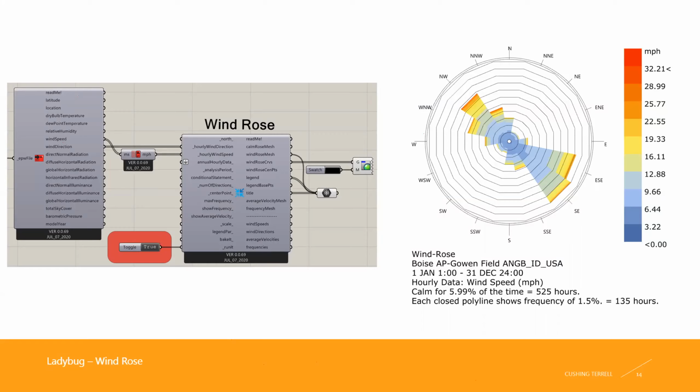So in this case, I converted the wind speed from meters per second to miles per hour and put that into the component. Then you just have to toggle the run input to true, and it'll produce this graph and show you how the wind is over the course of the year and what directions it mainly comes out of and at what speeds and that kind of thing. So it can be helpful if that's something you need.